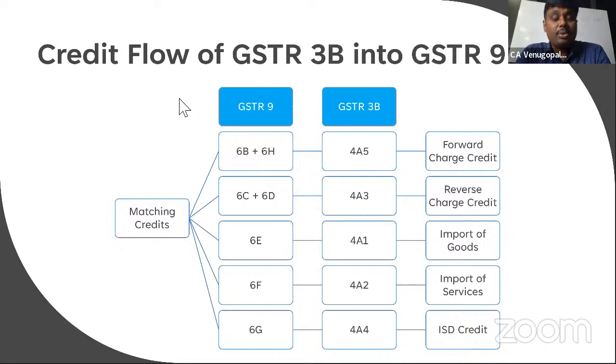Now, having reported it in 4A5, does it mean that I'll continue to report in 6B of GSTR 9, or do I have to report in 6E of GSTR 9? Ideally, it has to be reported in 6E of GSTR 9 because that is the right credit. GSTR 9, you can say, is the last opportunity for you to correct and report the right values.